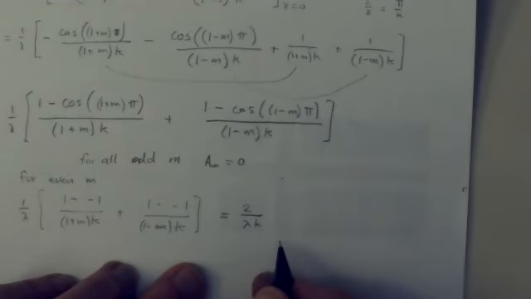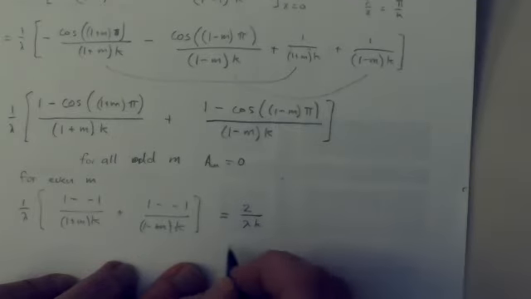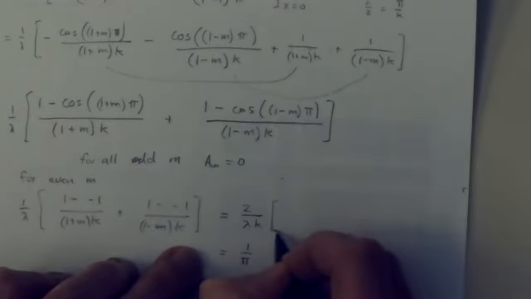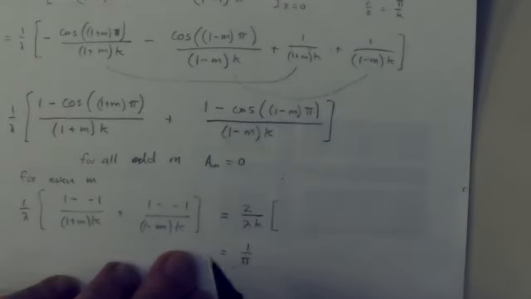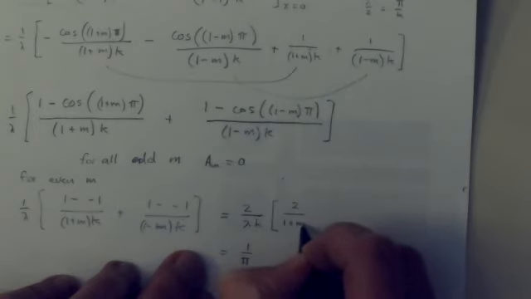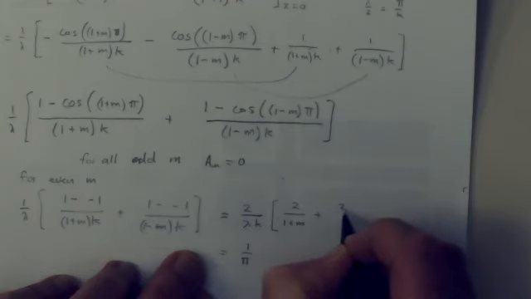What is that? Lambda is 2 pi over k. I think that's 1 over pi. And then inside here, what's left, I pulled the k out. We're going to have 2 over 1 plus m plus 2 over 1 minus m.